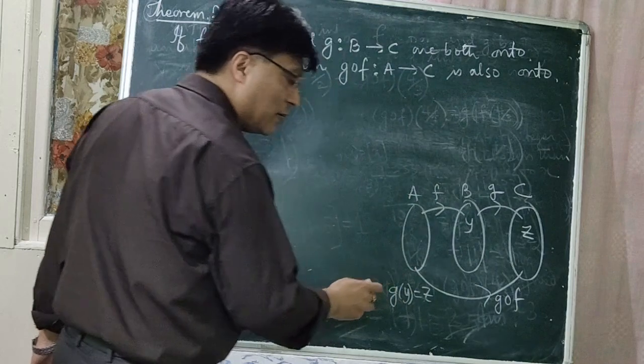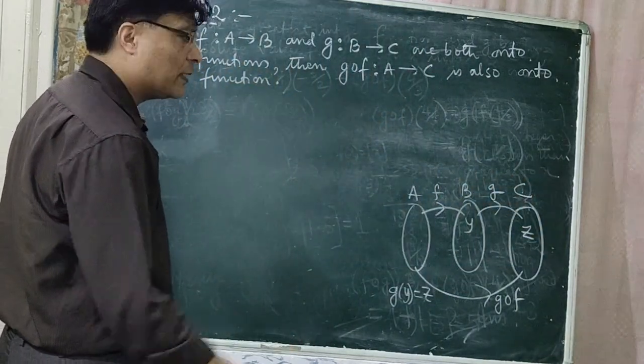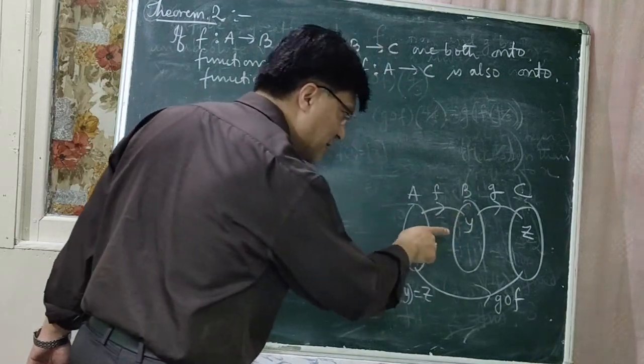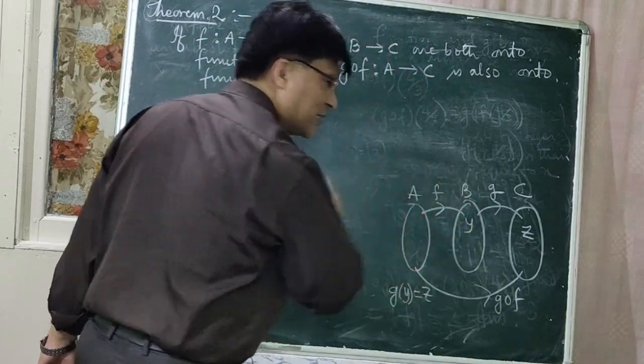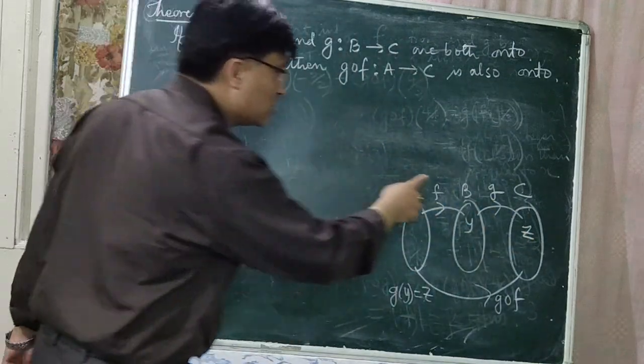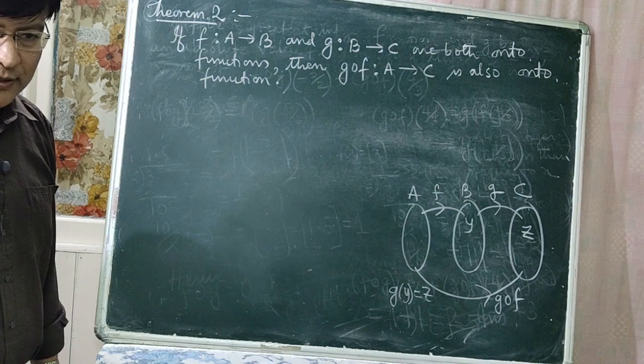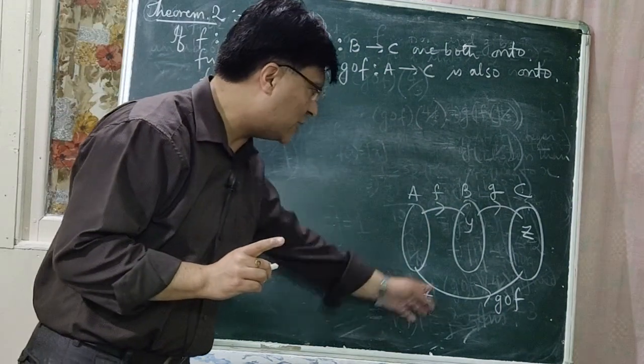Let z belong to the set C. Then there exists an element y belongs to the set B such that g of y is equal to z, because g is an onto function. Right, you can write g of y is equal to z.